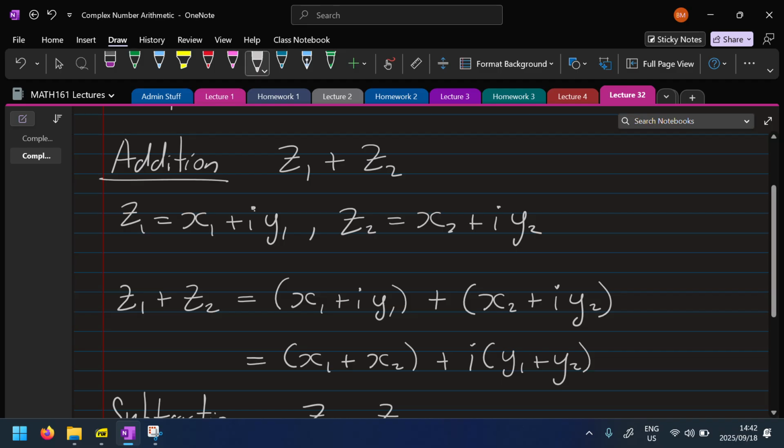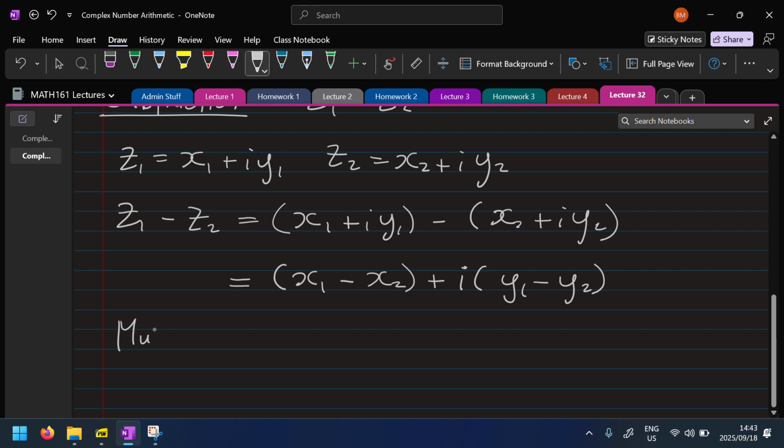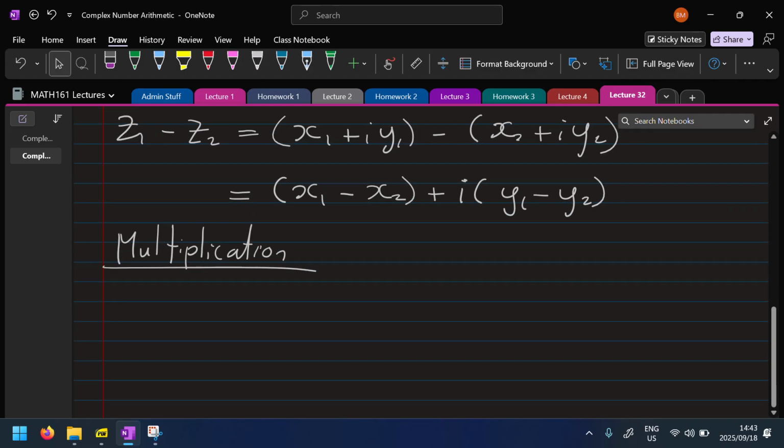So this is addition, subtraction. Next, we're going to look at multiplication. I'll write out the definition. You don't have to do any examples with that, that will be in the next tutorial. But what is the multiplication? Let's say we have some real number A multiplied by a complex number Z. Remember, Z is for complex numbers, others are real.